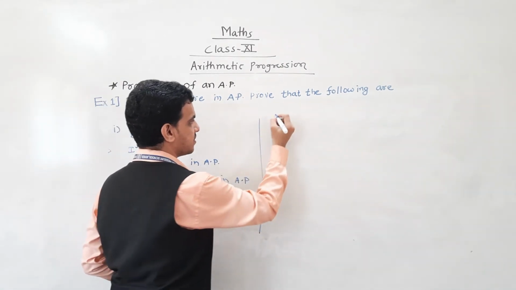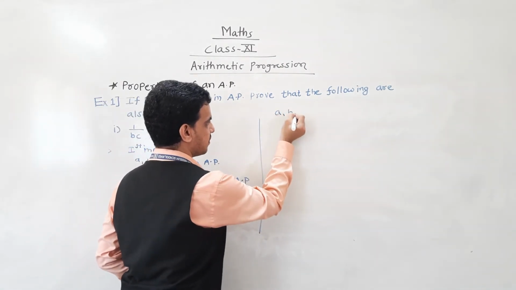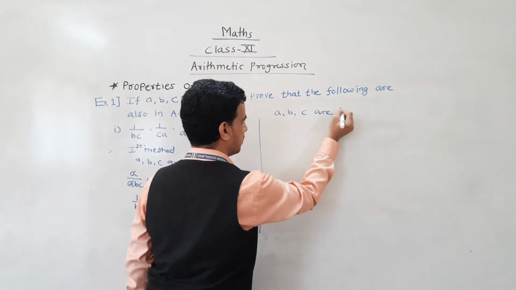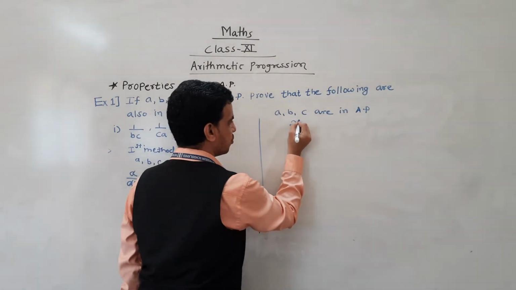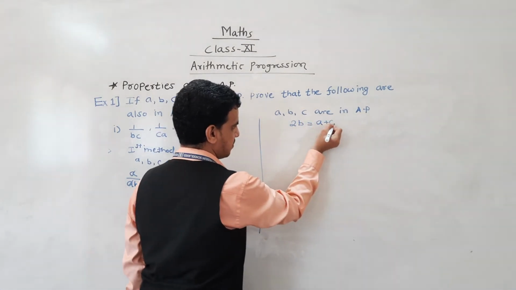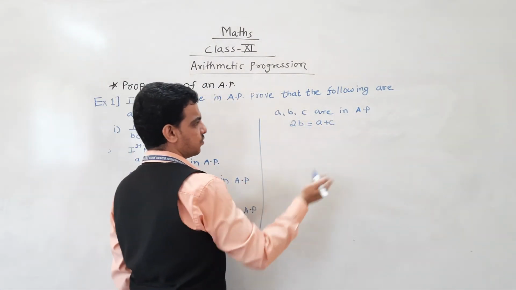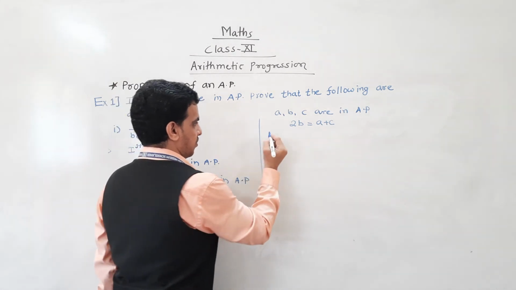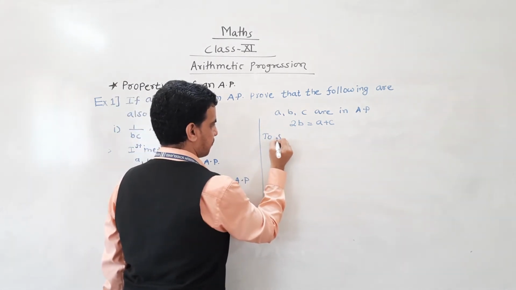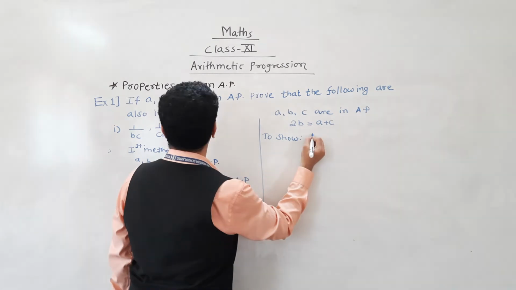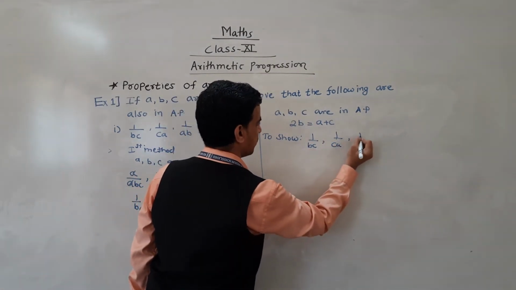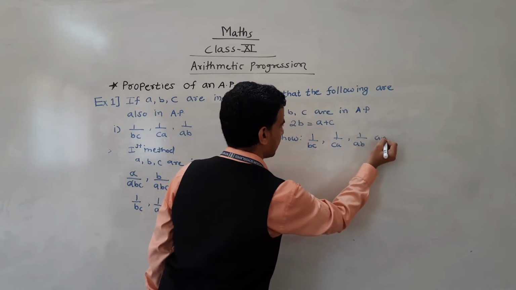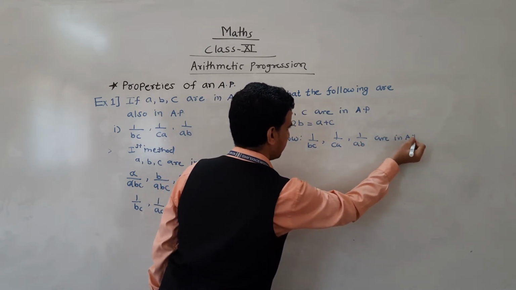And the second method is: a, b, c are in AP. So if a, b, c are in AP, 2b is equal to a plus c, okay, or b is equal to (a plus c) by 2. We have to show that 1 upon bc, 1 upon ca, 1 upon ab are in AP.